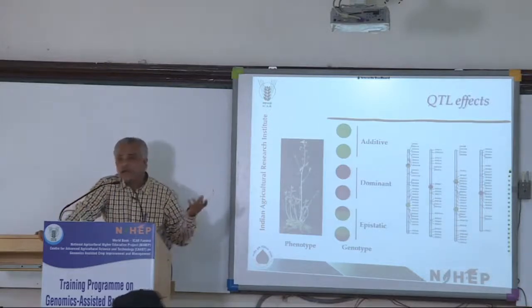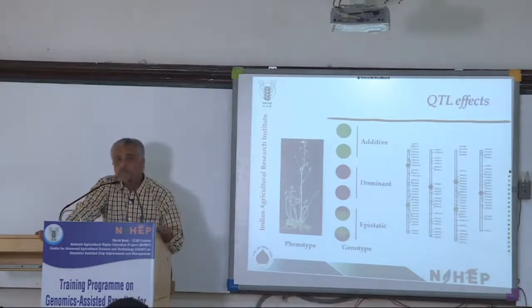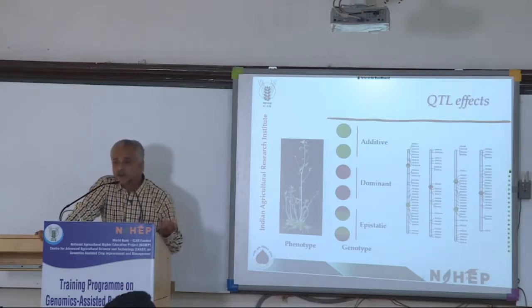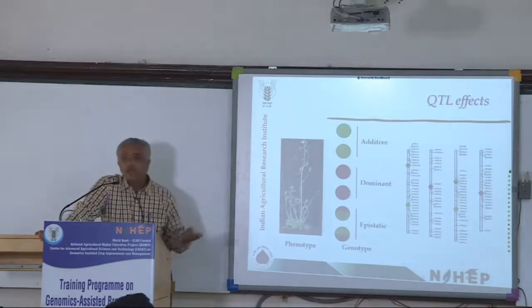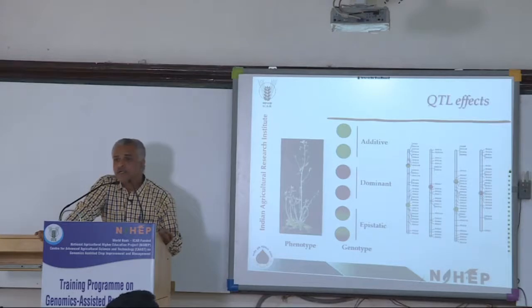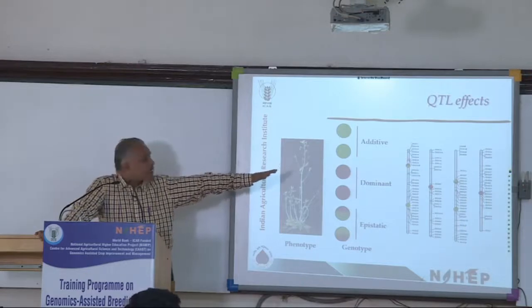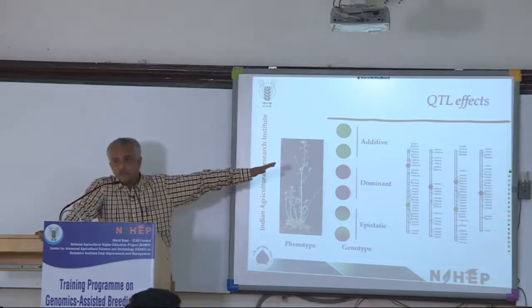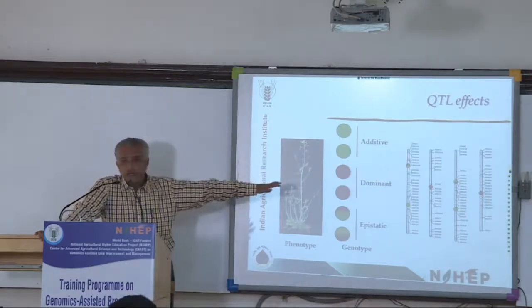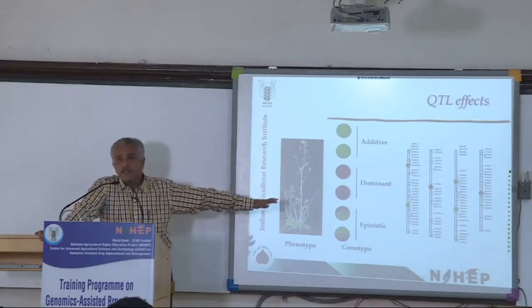We can have QTLs that are additive, QTLs that are dominant, or QTLs that are epistatic or interacting. It is very easy to map QTLs which are additive, then dominant, and it's very difficult to map QTLs that are epistatic.